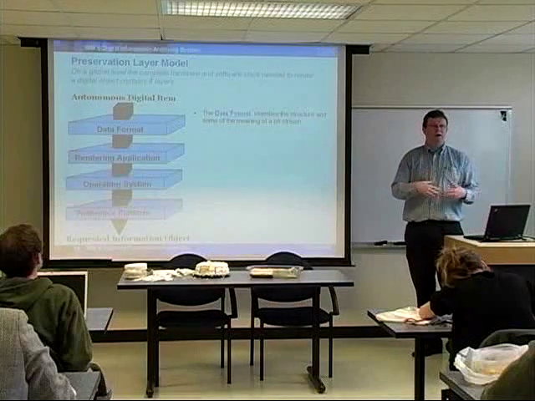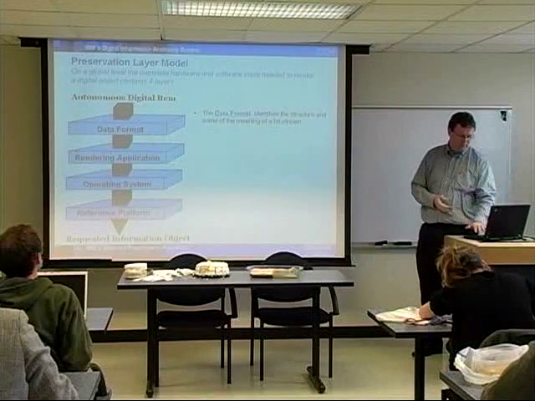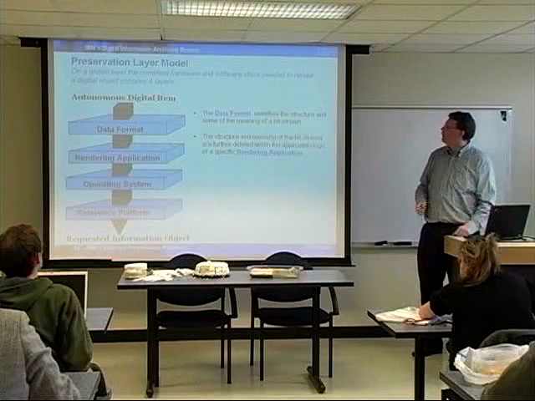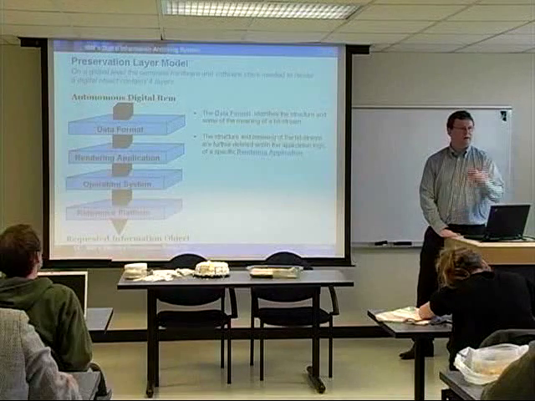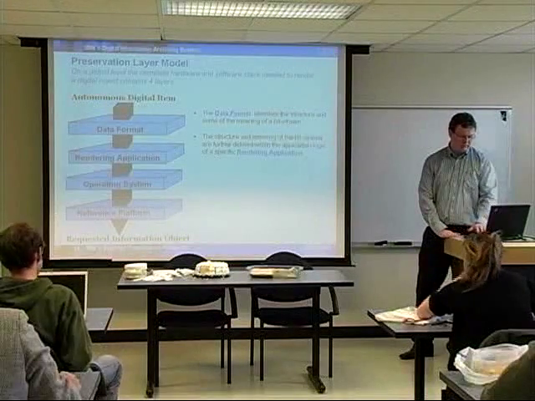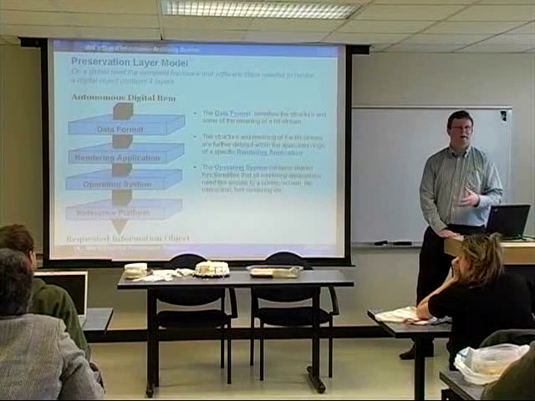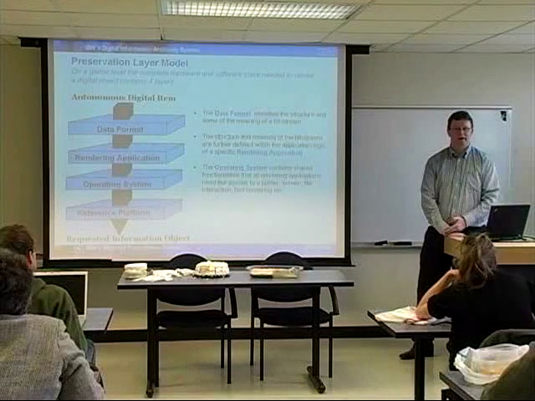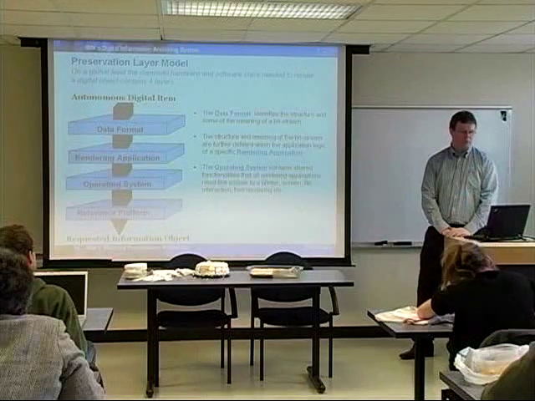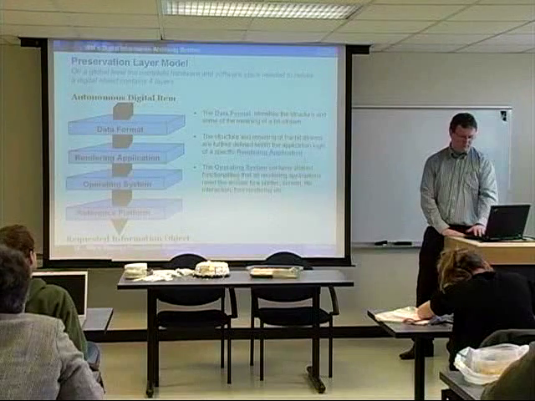So it's providing meaning and structure to the bit stream. You have your rendering application, which uses that data file and starts to render it. You have all kinds of shared functionality, like your device dependencies, your file interaction, working with your screen, which is provided by your operating system.